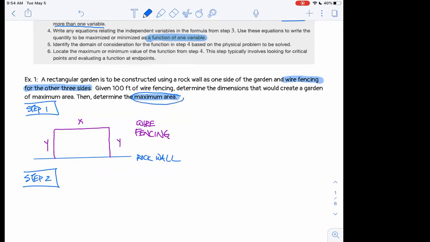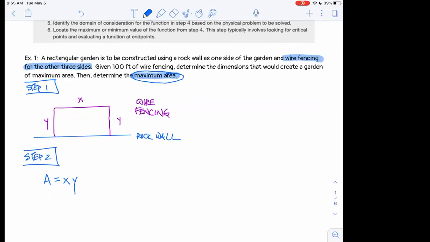So this maximum area means I want to write an area equation. The area of a rectangle is going to be X times Y, or length times width.